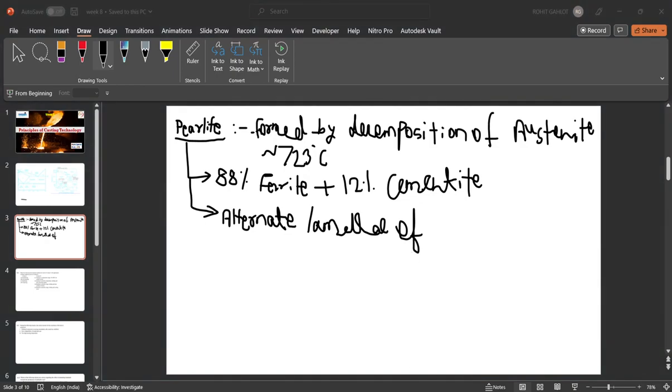I will write ferrite as F and cementite as C. So alternate layers of ferrite and cementite.